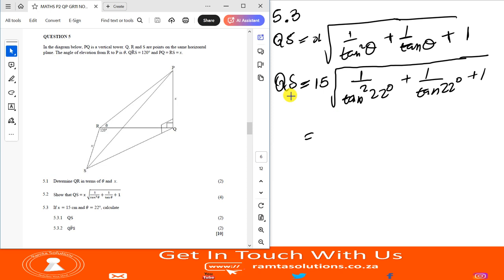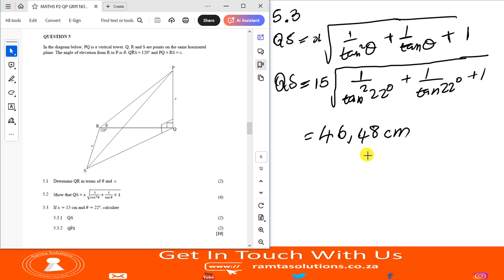Our answer is 46.48 centimeters. Remember, write your answers correct to 2 decimal places unless stated otherwise. Oh boy, I nearly said degrees. Centimeters. So it's 46.48 centimeters.